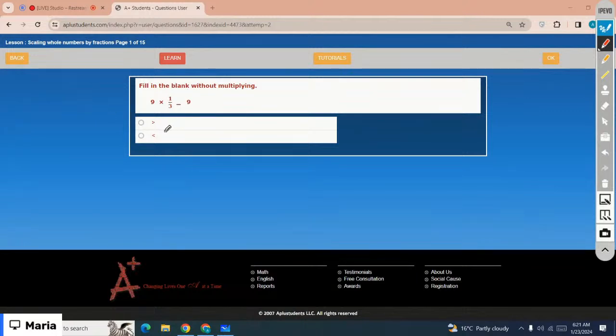The correct option is less than. Why? Because you are multiplying 9 by 1/3, and 1/3 means less than 1. So when you multiply a whole number by the fraction, the whole number becomes smaller. Got it?